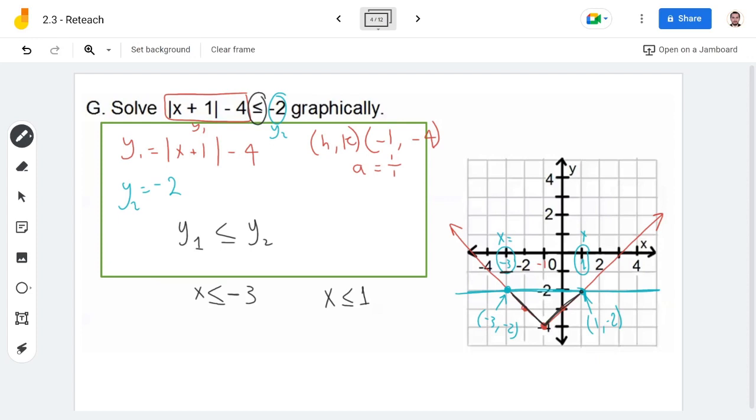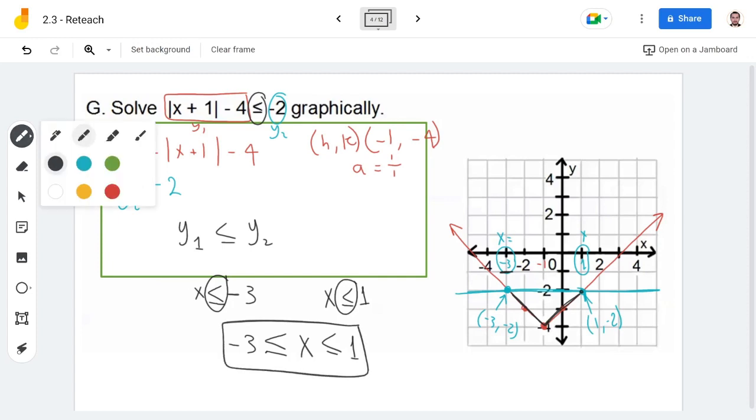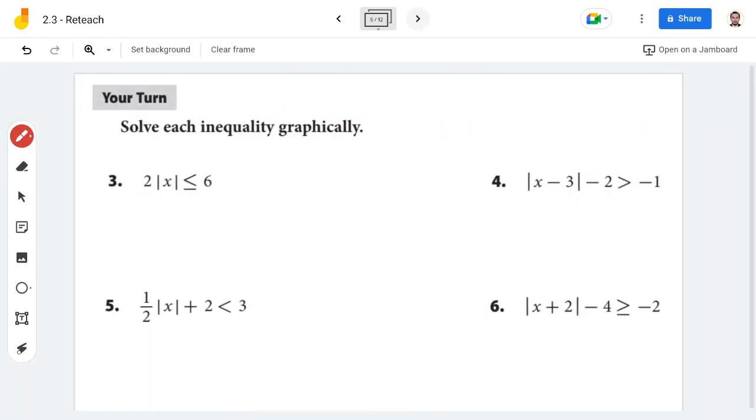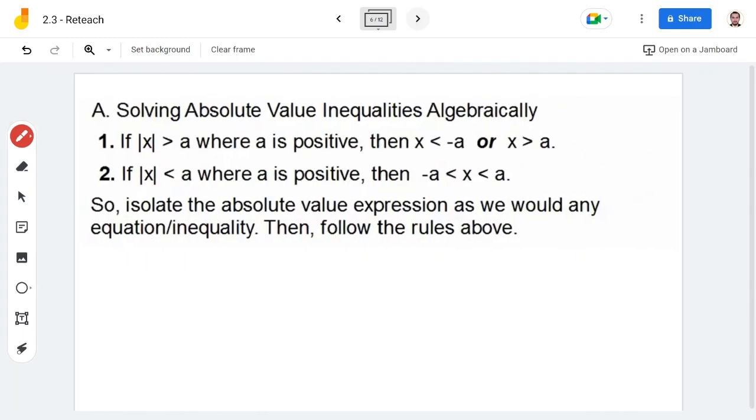As you see here, the inequalities are the same, so you can combine them together. So -3 less than or equal to x, less than or equal to 1. So this one is my inequality. I hope this is clear for you. Now, it's your turn. Try to graph this inequality and to find the solution for each one.